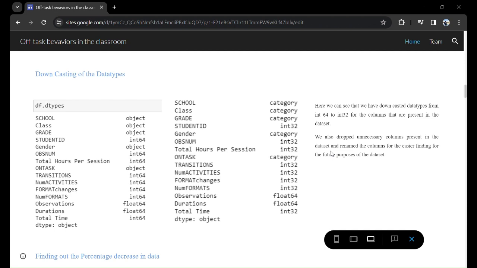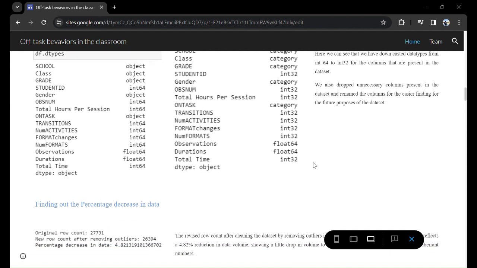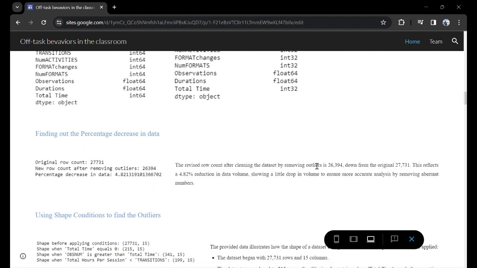And here you can see the percentage decrease in the data set. The original row count is 27,731. After removing the outliers, the new row count is 26,394, and the percentage decrease in the data is 4.82%, which ensures more accurate analysis.